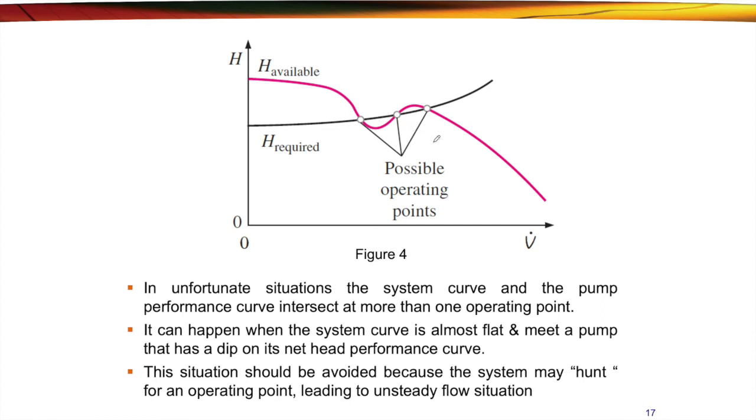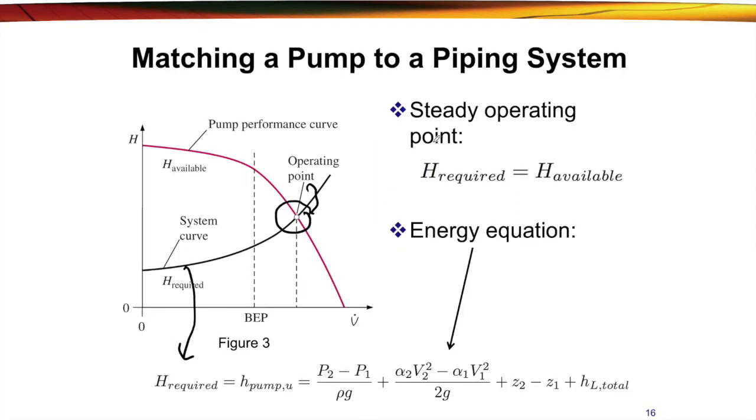So in an unfortunate situation, the system curve and the pump performance curve intersect at more than one operating point. It can happen when the system curve is almost flat. System curve means that this equation, when you plot it into this graph, gives you a flat system curve.